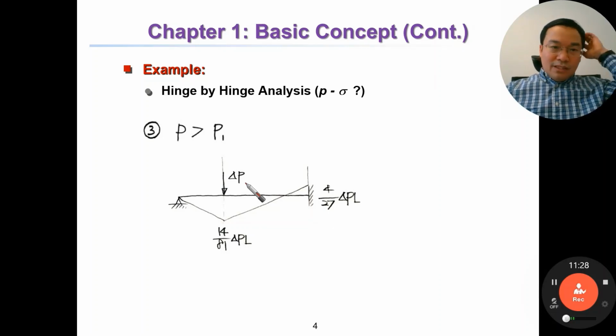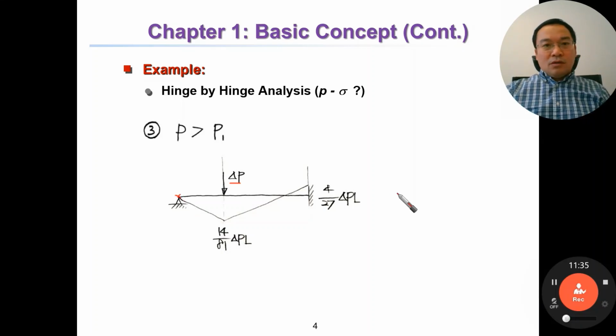So remember, this is due to ΔP and the first hinge, and remember the original structure and original moment diagram.